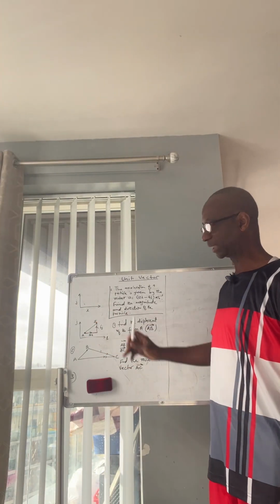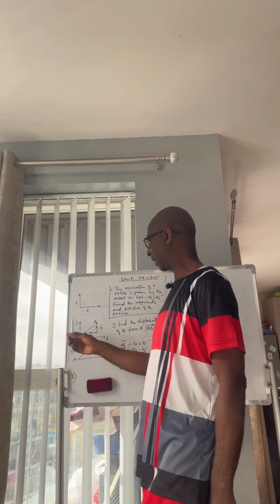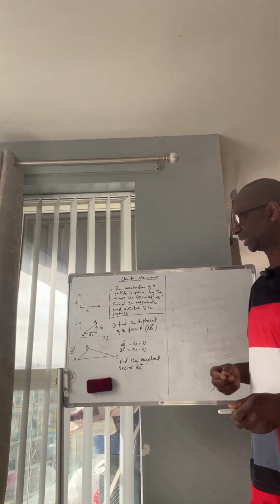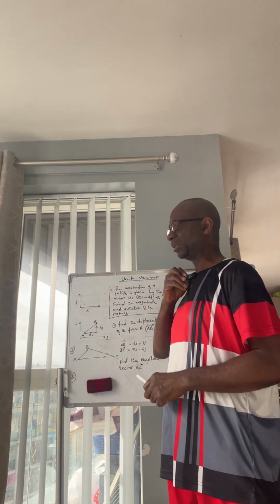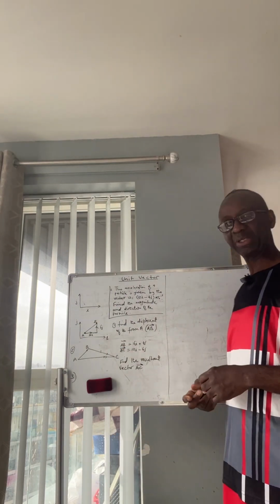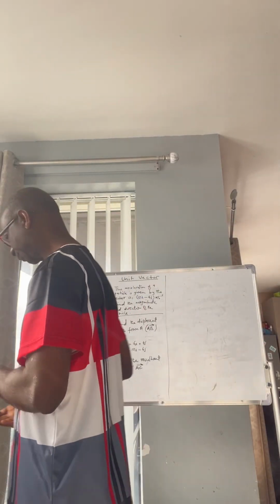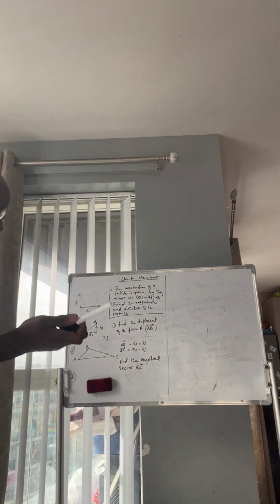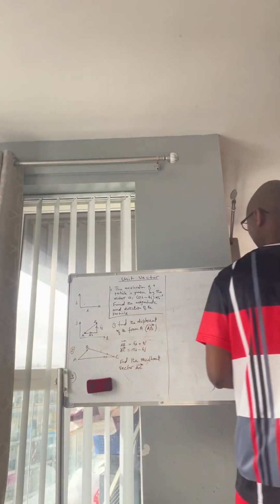The horizontal axis is represented by i, and the vertical axis is represented by j, and they are perpendicular to each other. That's a unit vector. Simple stuff.